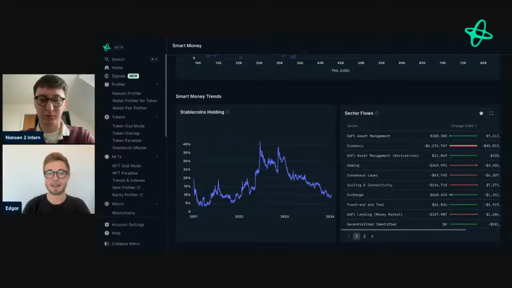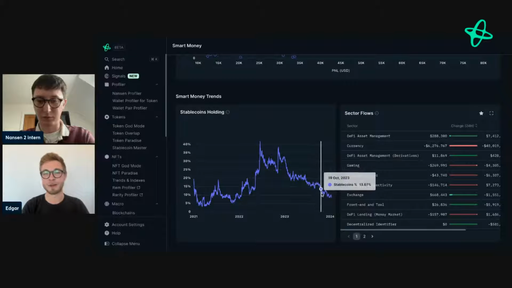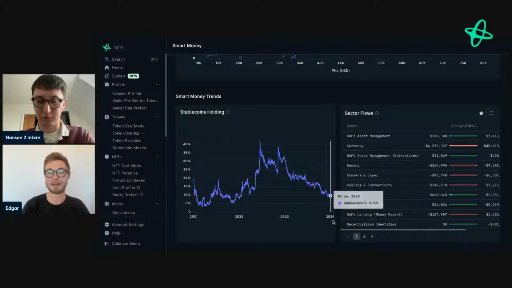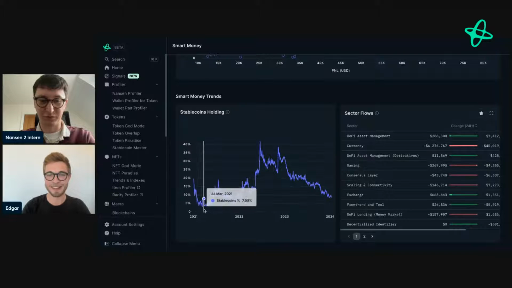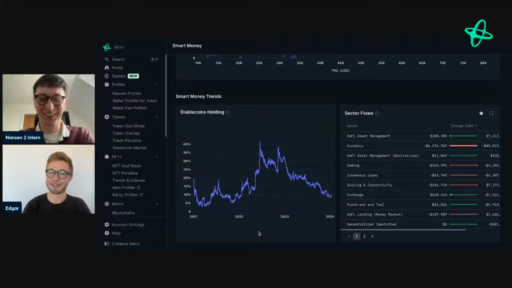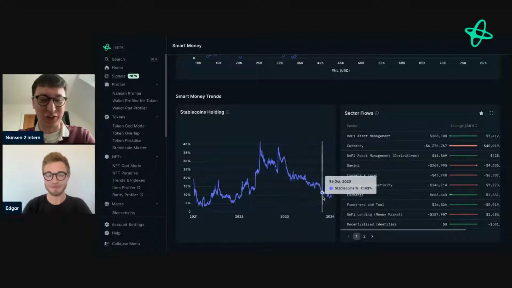As we see starting from 2023, they've been slowly increasing their crypto holdings and decreasing their stablecoin holdings. So we're nearing almost peak big risk-on behavior here, which is somewhat interesting. Yeah, take that as you do.